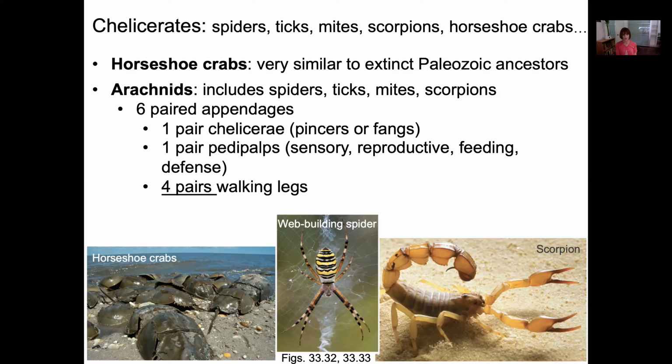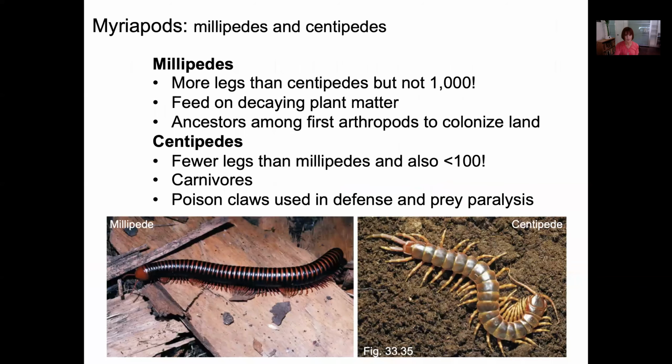And so this contrasts with insects, which we'll talk about shortly. So a key thing to remember that is easy to forget, I think, is that spiders are not insects. They are chelicerates, or more specifically arachnids, but they are not true insects.